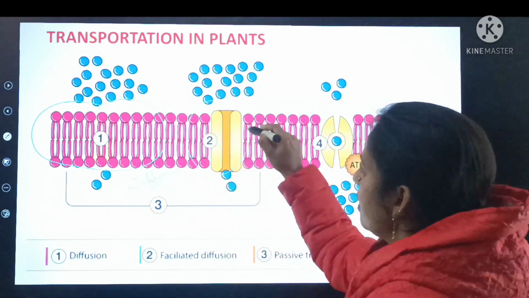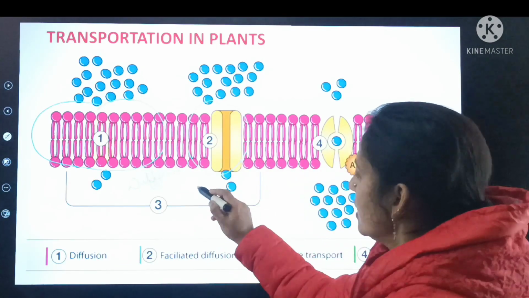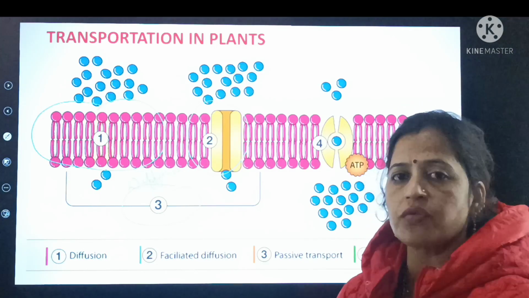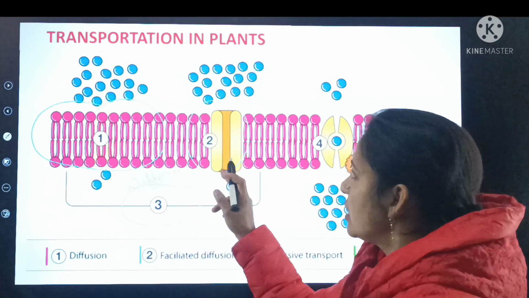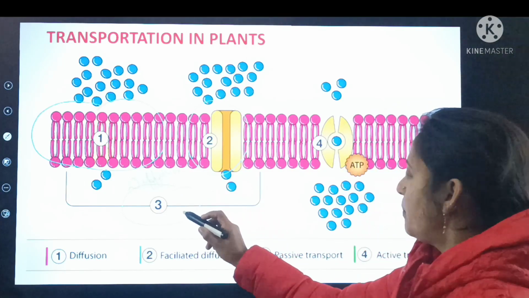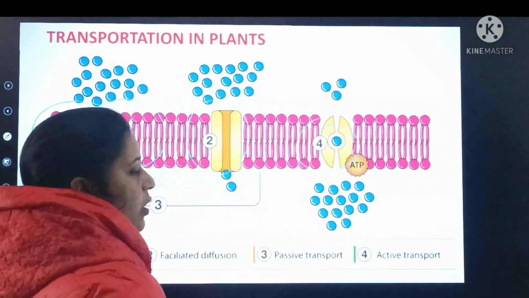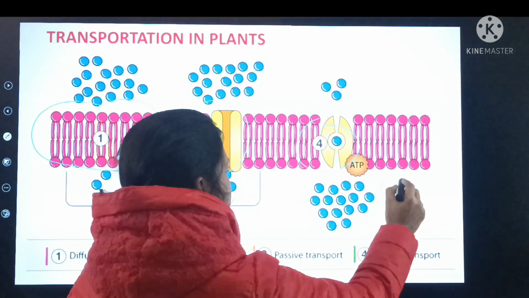Second mechanism is facilitated diffusion. Third mechanism is passive transport. And the fourth mechanism used for the transportation in plants is active transport.